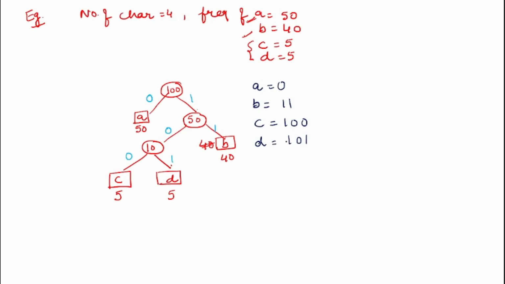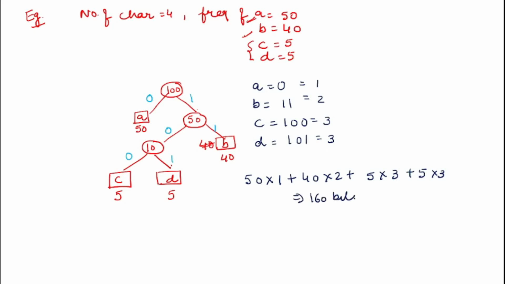So now I will be multiplying length with the frequency. Here the length is 1, the length is 2, the length is 3, and the length is 3. So A is 50 into 1, that is frequency into length, plus 40 into 2 plus 5 into 3 plus 5 into 3, and it comes out to be 160 bits.